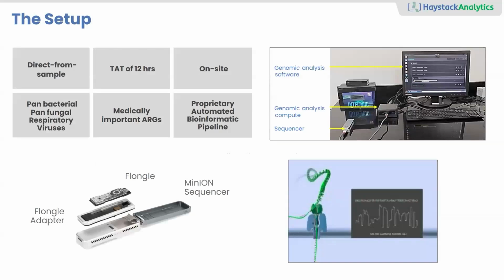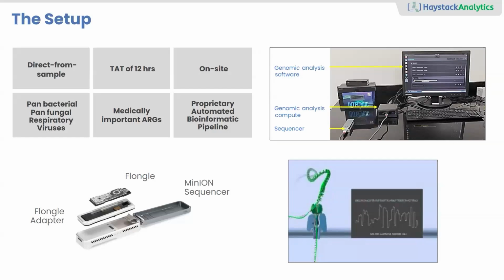So the setup is very simple. You can see a fungal adapter is there, and one fungal is there, and the MinION sequencer. These three parts are the most important, and we have genomic analysis software, a computer and a sequencer. So the sequencer has three parts: fungal, adapter, fungal, and the MinION sequencer.